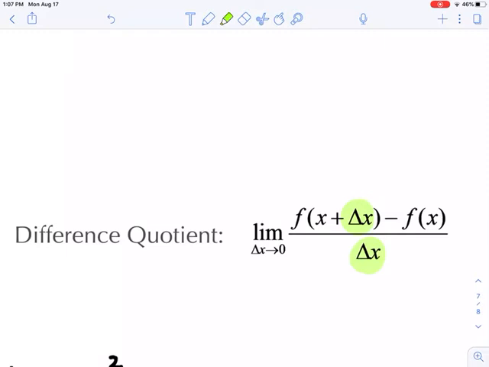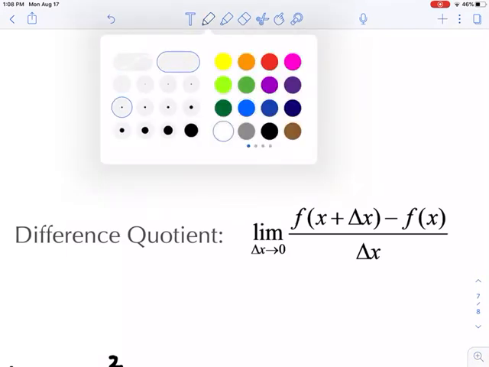And I want you to notice all of these things right here. You've probably seen that symbol before, especially if you have been in a physics class. That triangle x, we say delta x, we call it change in x. Now when we did the difference quotient last week, you saw those with h's.